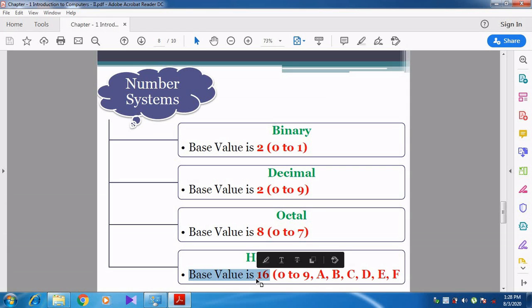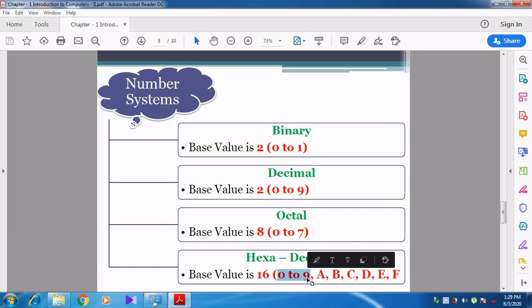That is 0 to 9, and after 9 come 10, 11, 12, 13, 14, 15. All of these are two-digit numbers, but we should not represent them in two digits. We should represent them in only one digit.